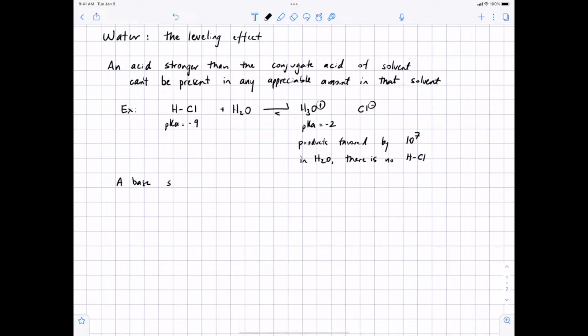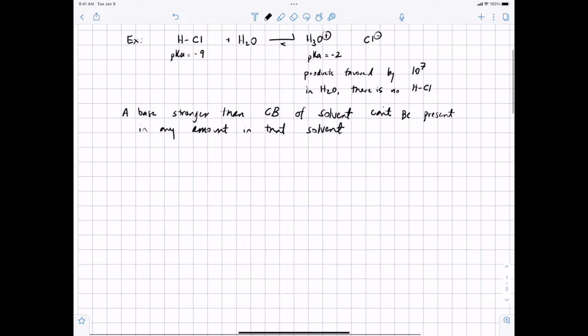A similar principle is that a base that is stronger than the conjugate base of the solvent also can't be present in any appreciable amount. And to illustrate this, again, we'll use water. Let's use tert-butoxide as a base and water as an acid.